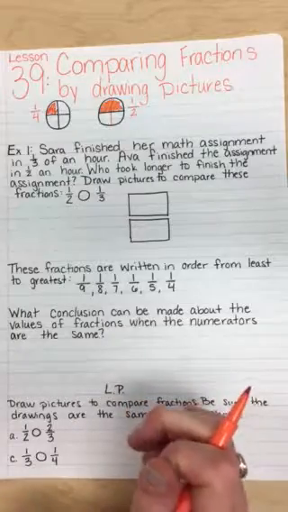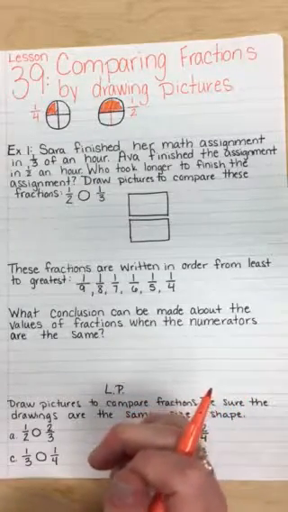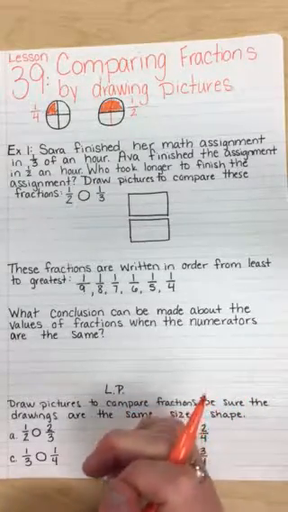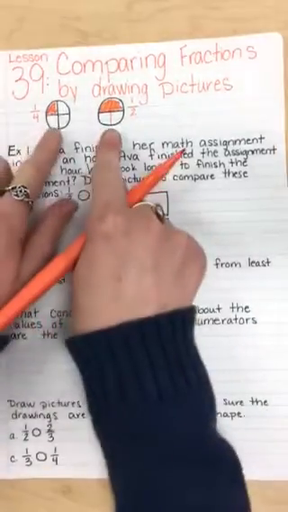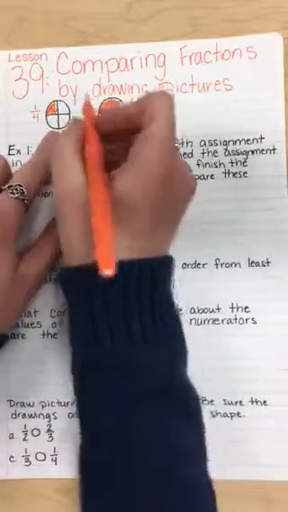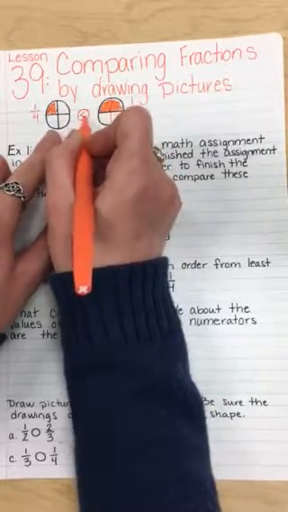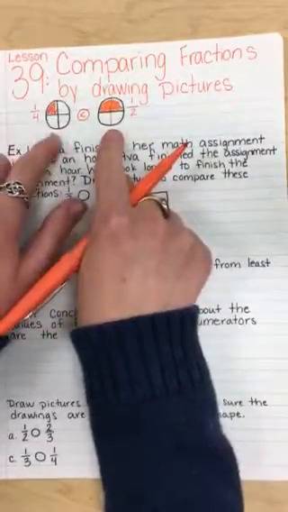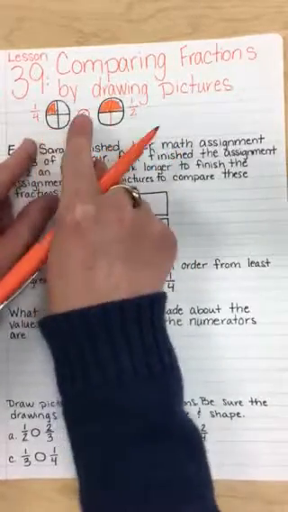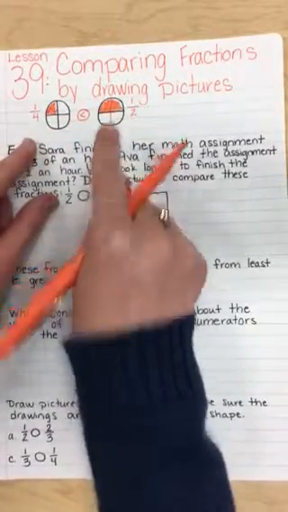In this lesson, we're going to begin comparing fractions by drawing pictures of the fractions and comparing the pictures. So with these two pictures, you can clearly see that 1/2 is greater than 1/4, or 1/4 is less than 1/2. All right?